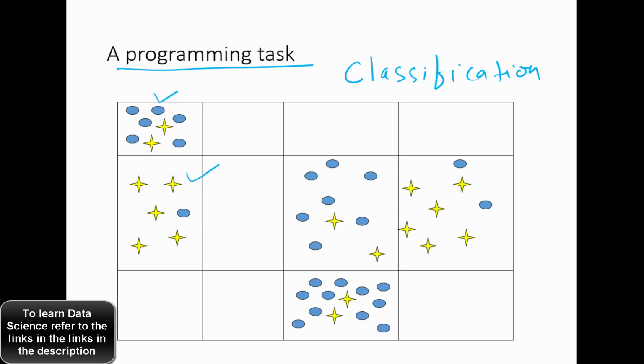One way could be to write a program which will take care of this, but then the same program cannot be used for a totally new type of distribution of these two spots. If there is a new classification, then you would not be able to classify using the same program. So you might have to write a new program again.